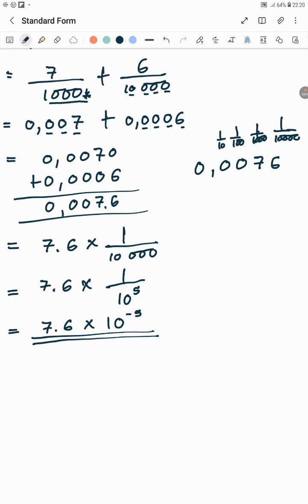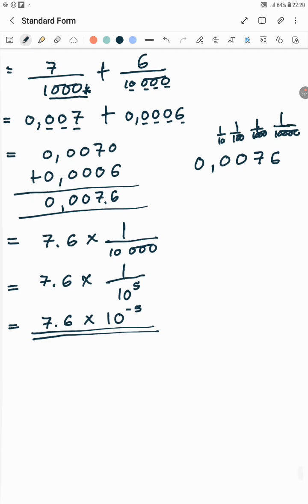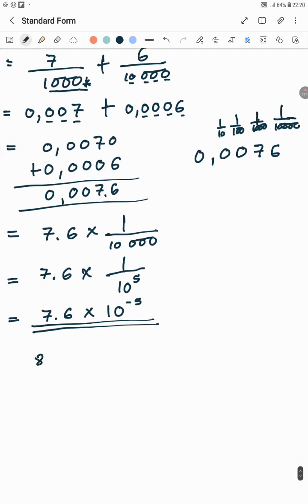Okay, we are going to look at another example under subtraction. Say we have a question that says 8 times 10 to the power minus 2 minus 3 times 10 to the power minus 3.